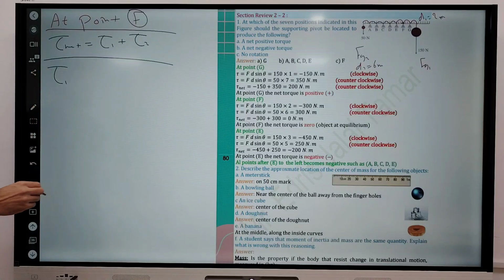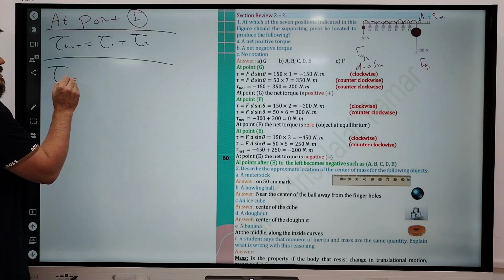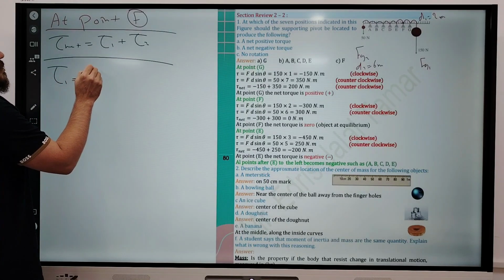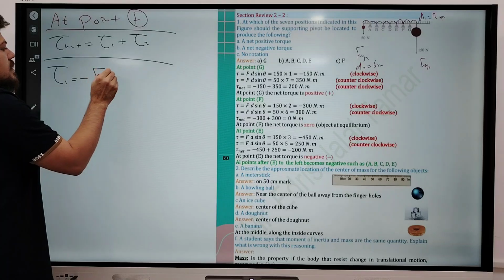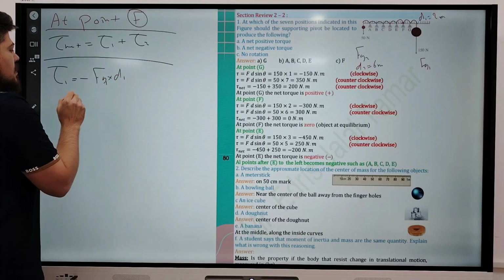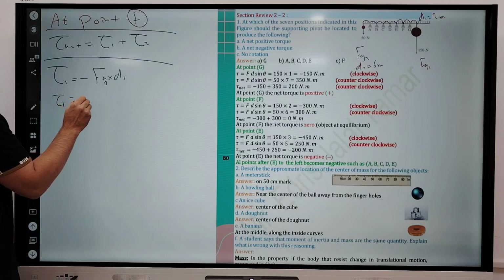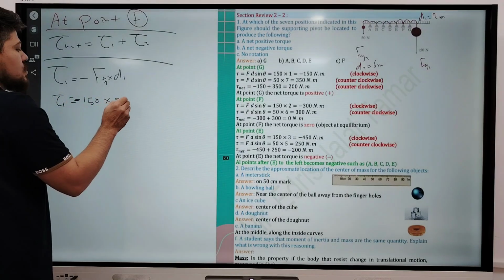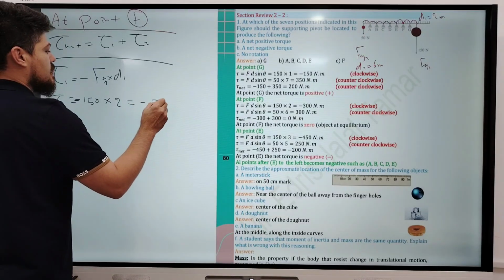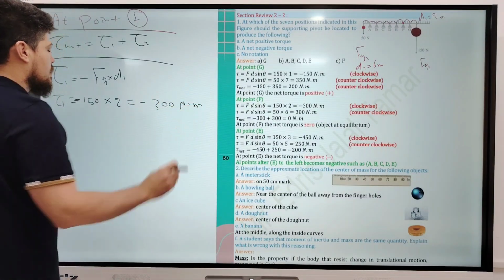Torque for the first gravitational force, because it is clockwise direction, it's always negative. Fg1 times D1, okay, which is equal to what? Fg1 150, negative 150 times 2 is equal to what? Negative 300 Newton meter.